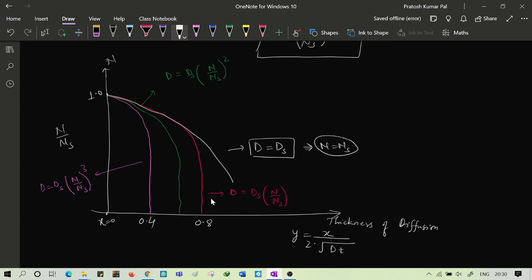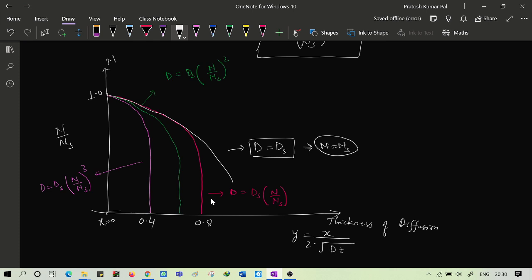From there the concentration of n is going to reduce, and when it is dropping here, it seems like a perpendicular drop.